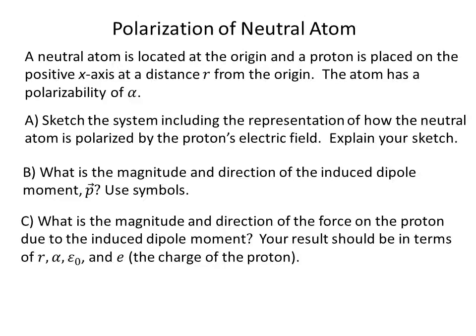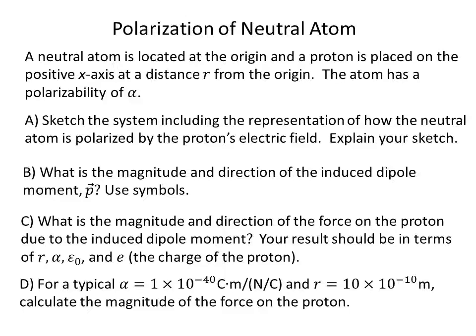And then you have to multiply by the charge of the proton e to get the force. In the last part, we ask them to plug in some numbers to just get an idea of the size of this force on the proton.